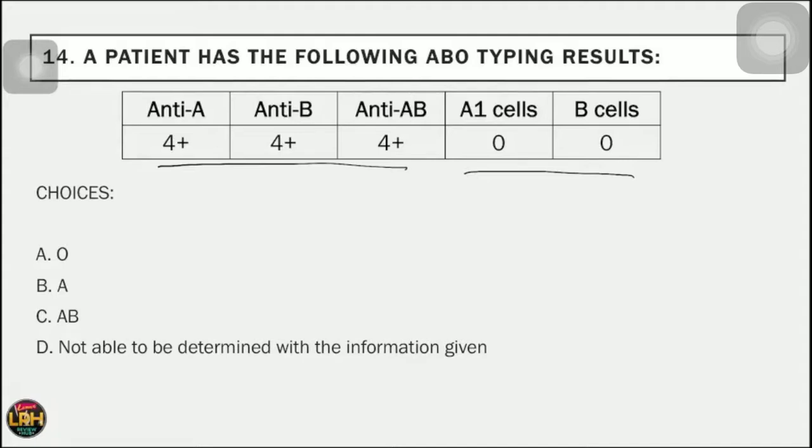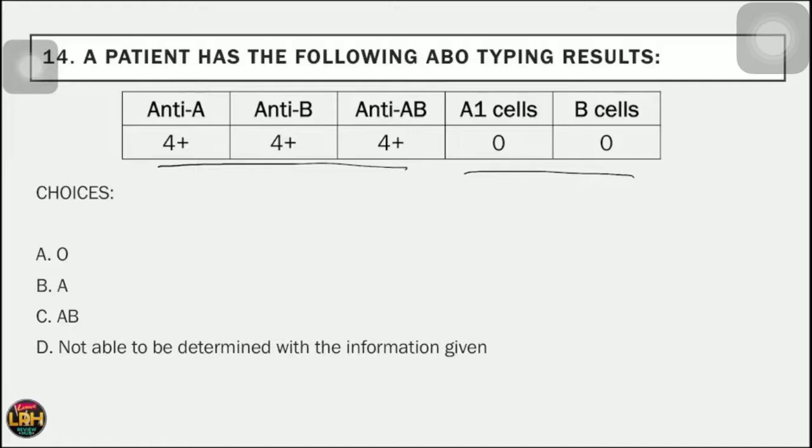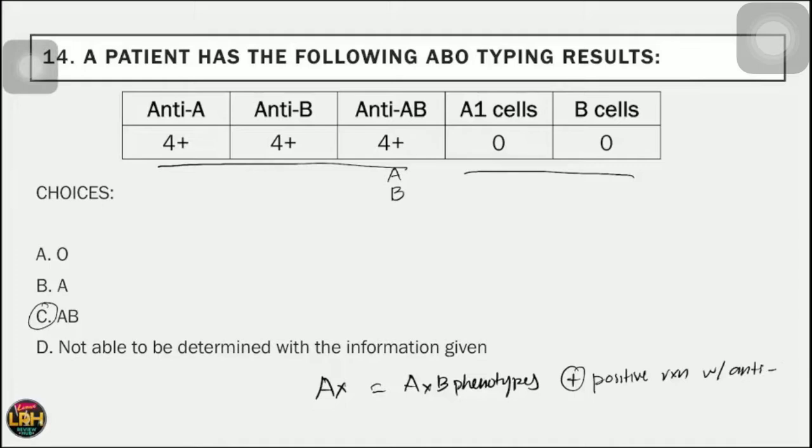So this would suggest that the phenotype of the patient could be type AB. So in this case, with a strong reaction, we can assert that this patient is a type AB individual. A positive reaction in this test with anti-AB indicates the presence of both antigens A and B. In some instances, with the presence of subgroup AX or an AXB phenotype, we can observe a positive reaction with anti-AB.